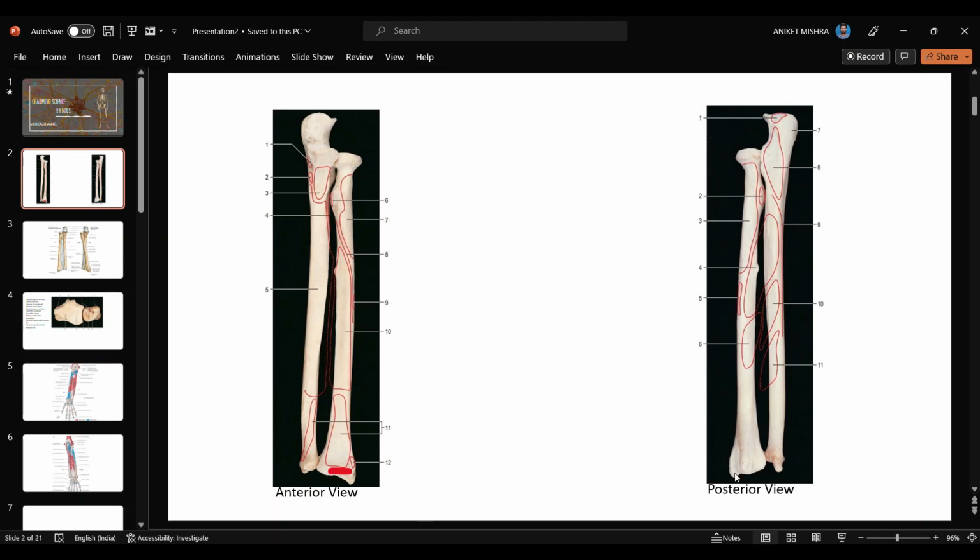When we look at the posterior surface, we will see some groove-like structures for the extensor tendons, where the extensor muscles attach.